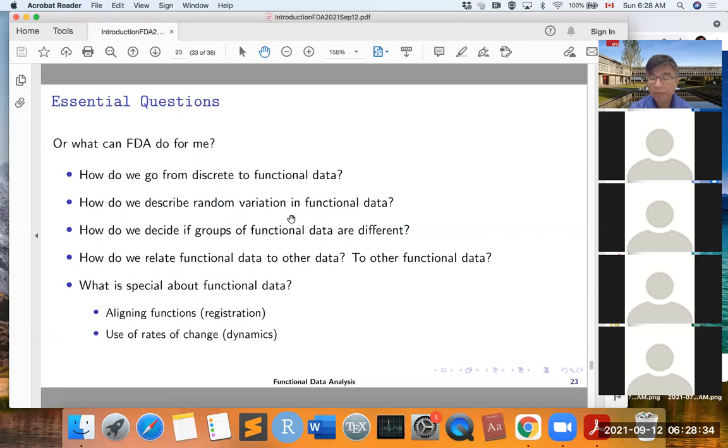Often in many applications, when you look at the functions, they are very similar and it's hard to see their differences. But if you look at their derivatives, they actually show more variation. So this is an advantage of looking at the derivative of the functions.